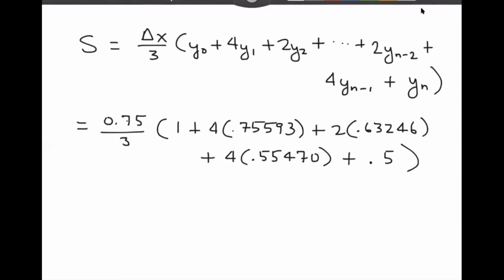All right, and after crunching those numbers, what I get to 4 decimal places is 2.0019.